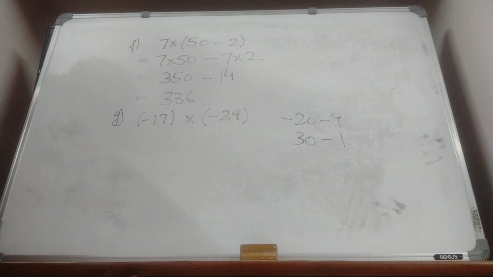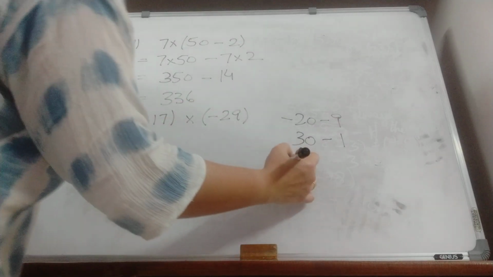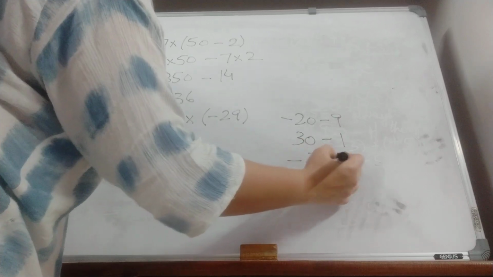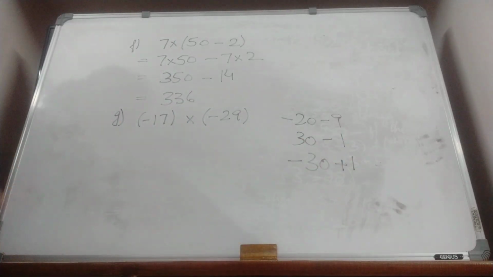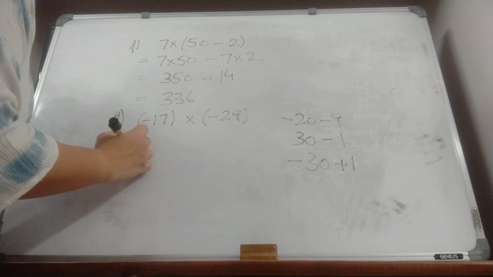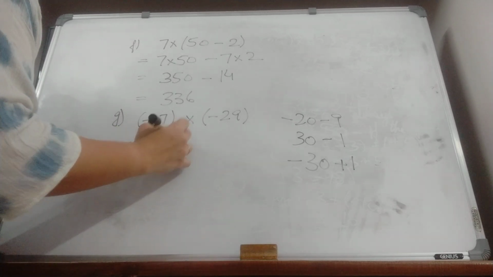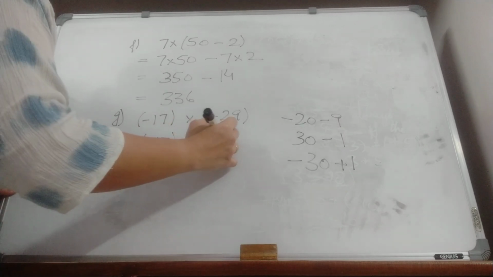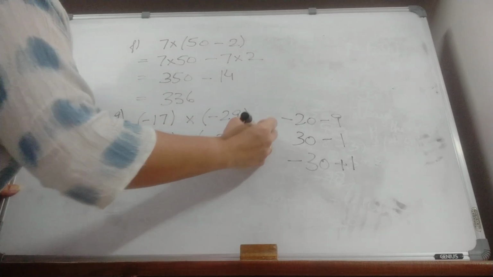No, it will give me 29. So, if I write minus 30 plus 1, will it give me minus 29? Yes, it will. So, I can write it as minus 17 into minus 30 plus 1.